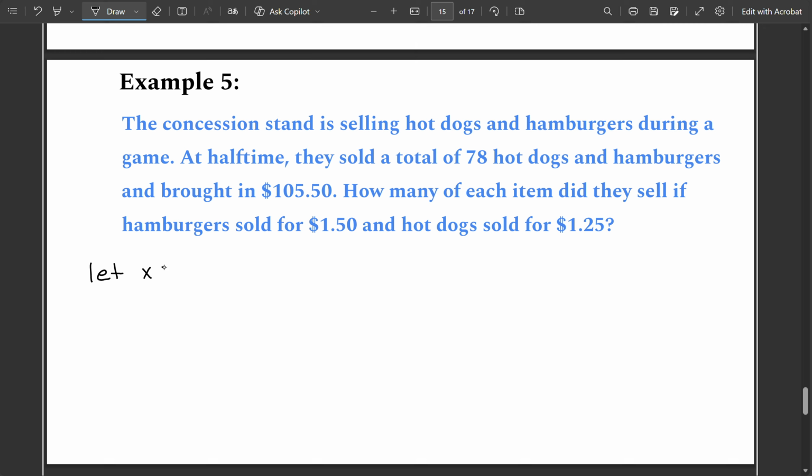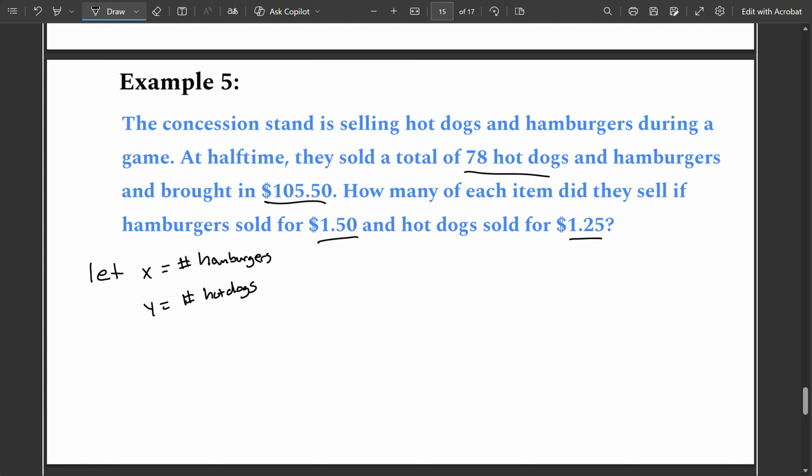So let x equal the number of hamburgers and y equal the number of hot dogs. Okay, so this one's different. It gives us the total amount of everything sold and the total revenue it brought in, or how much money they made from selling it, and it tells us how much they were selling it for.